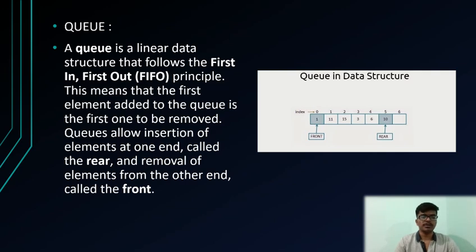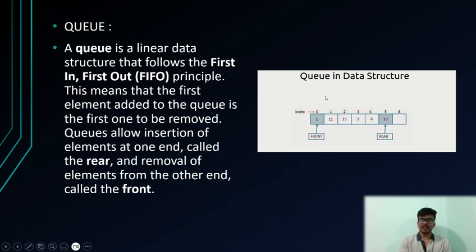Queue. A queue is a linear data structure that follows the first in first out, FIFO, principle. This means that the first element added to the queue is the first one to be removed. Queues follow insertion of elements at one end called the rear and removal of elements from the other end called the front.